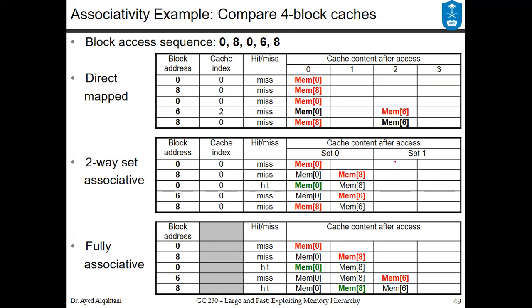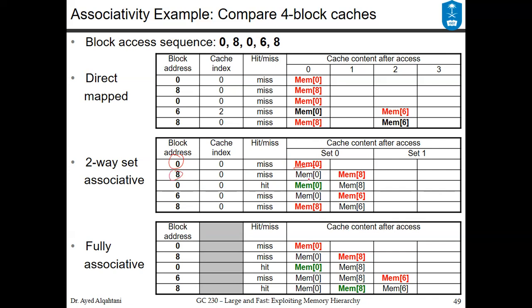So basically, the number of sets that we have is 2. And because of this, you take the block address mod 2: 0 mod 2 is equal to 0, 8 mod 2 equal to 0, 0 mod 2 is equal to 0, 6 mod 2 is equal to 0, and 8 mod 2 is also equal to 0. So they are all mapped to set 0.